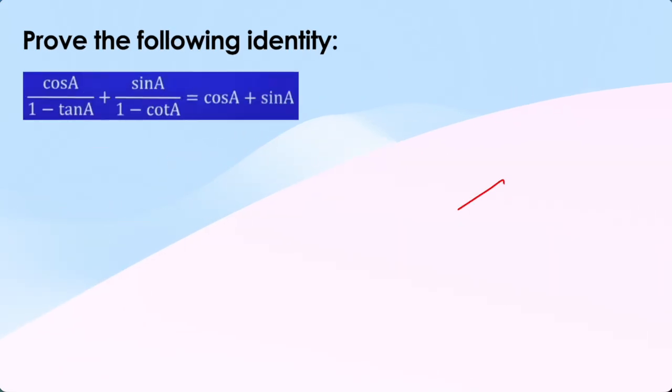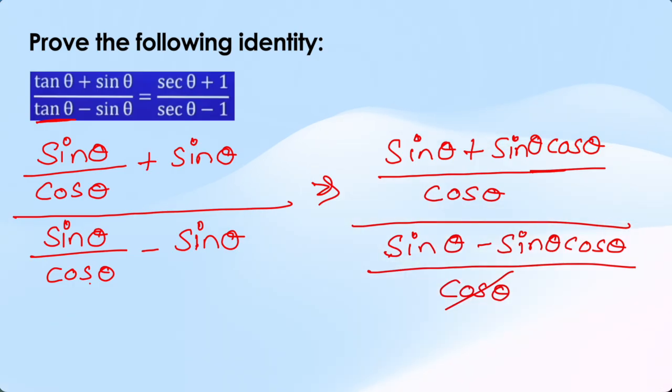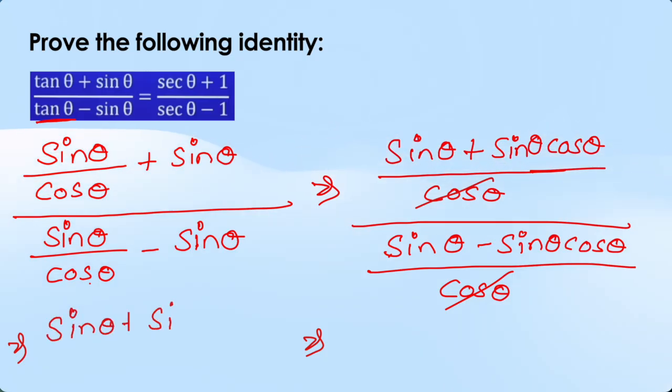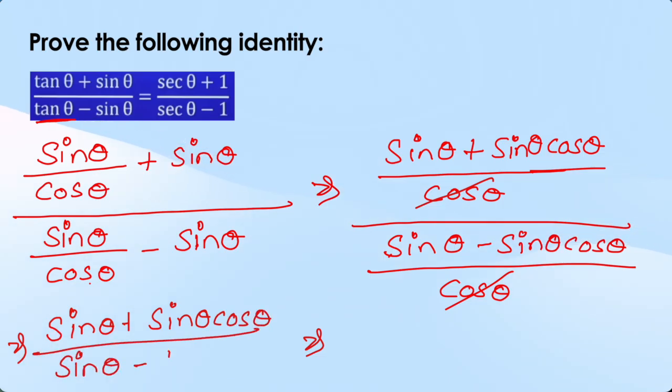This cos theta will cancel out. So what will happen? It will be equal to sine theta plus sine theta cos theta divided by sine theta minus sine theta cos theta.